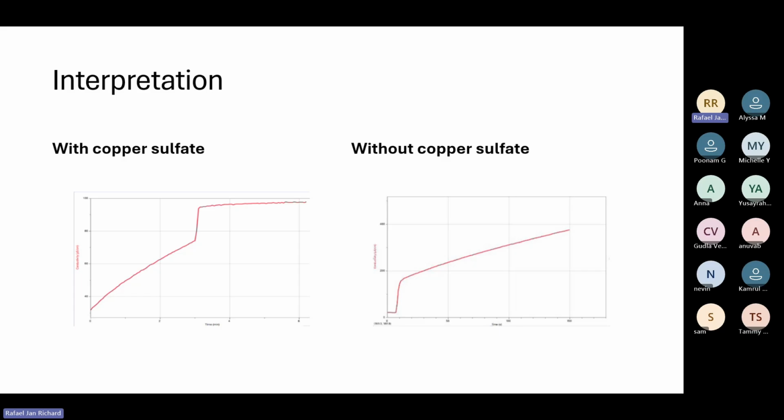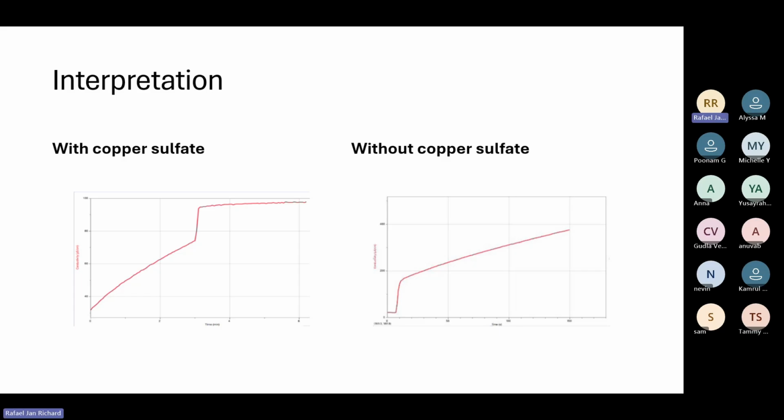More and more product is being formed, so ions, which you can measure with a conductivity meter. Once you add copper sulfate, which is an ion itself, which causes a very fast increase in conductivity, afterwards the reaction doesn't really continue. It is being blocked. The amount of product in the solution stays about the same. And this is the case because copper sulfate is a competitive inhibitor, so it blocks the enzyme, and the enzyme can't react.